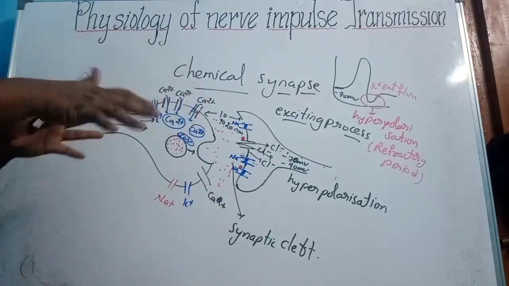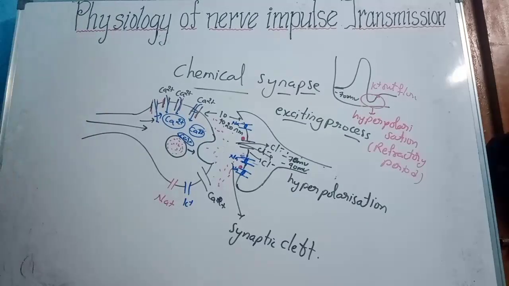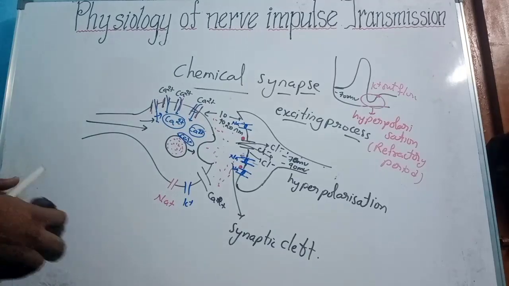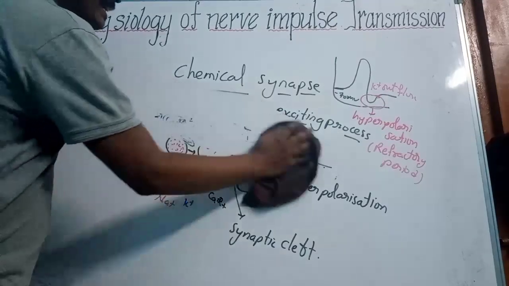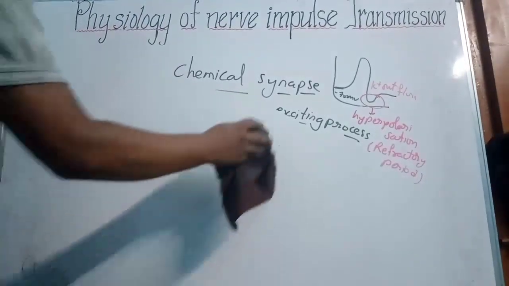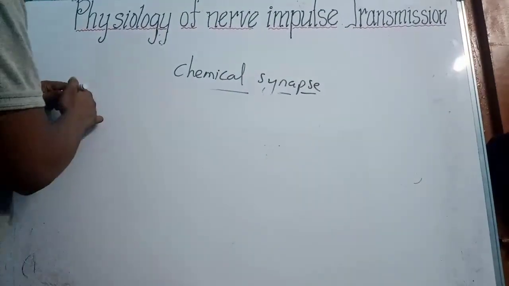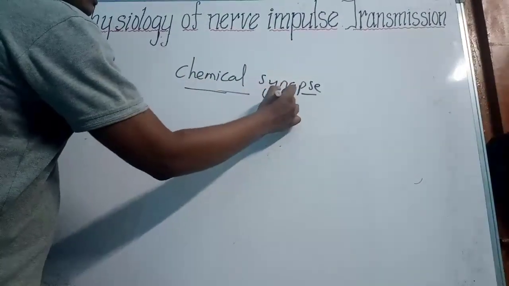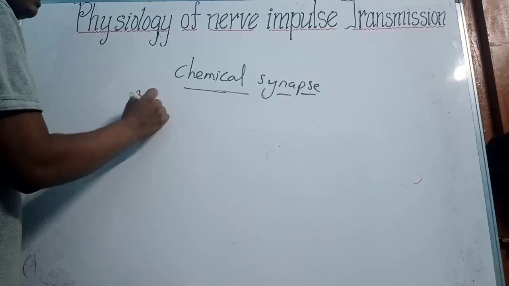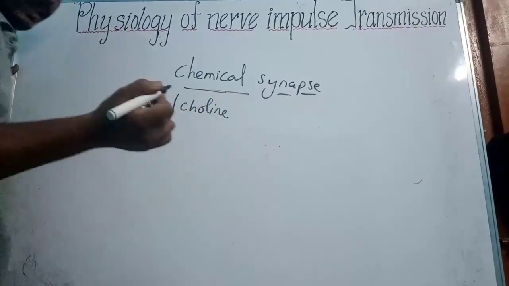So we have types of neurotransmitters in our body. We have excitatory neurotransmitters and we have inhibitory neurotransmitters. We look at them. So what are the excitatory neurotransmitters? The excitatory neurotransmitters which we can observe are neurotransmitters like acetylcholine, which is excitatory.